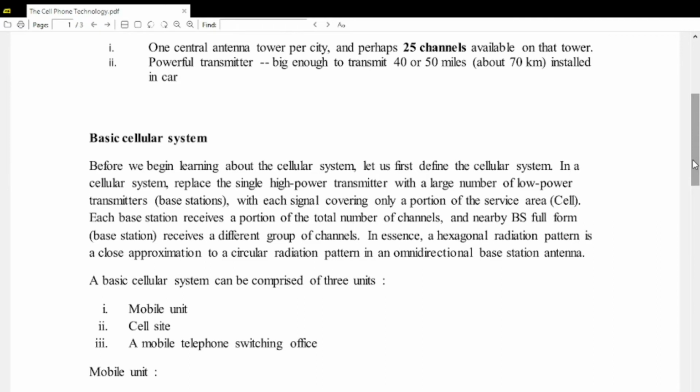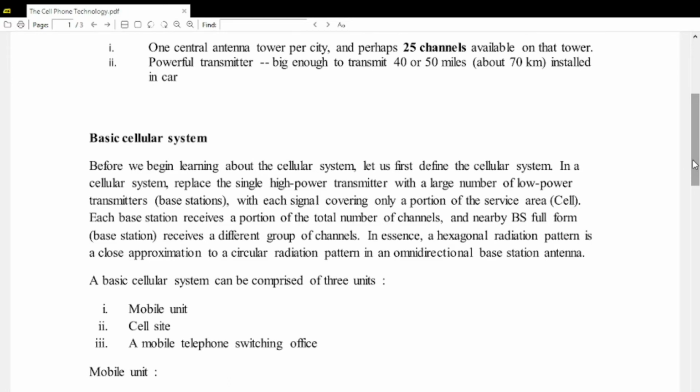Now, a cellular system is basically a modification of the radio telephone system, because with the cellular system, the high powered transmitter was replaced by many low power transmitters. So the high power transmitter that was in the radio telephone system was replaced by several low power transmitters.